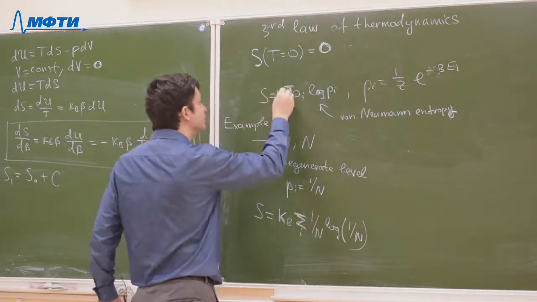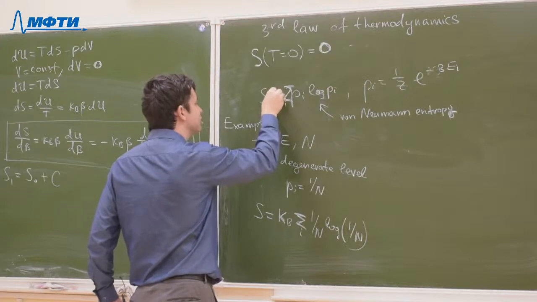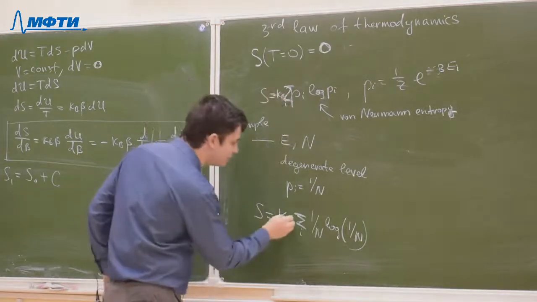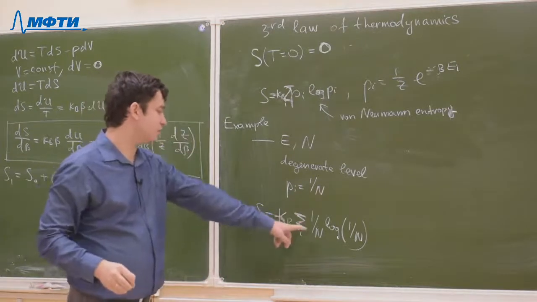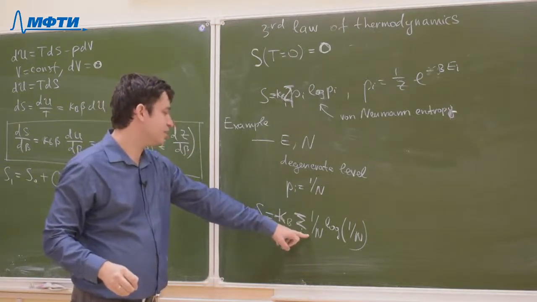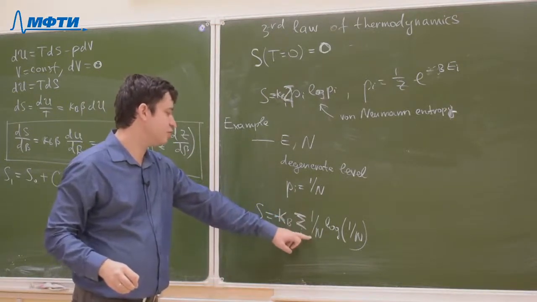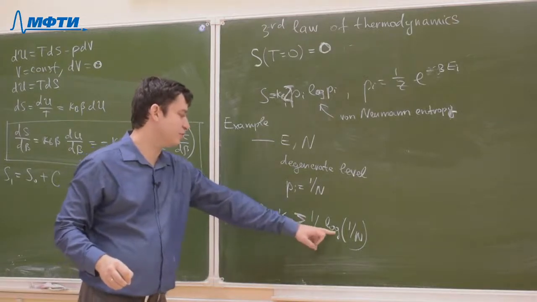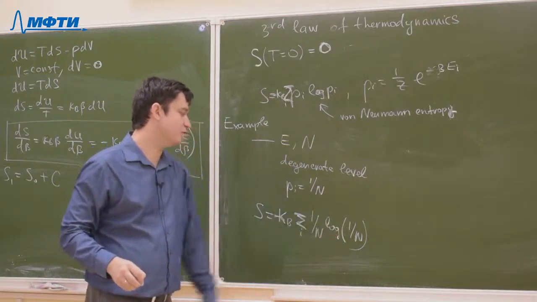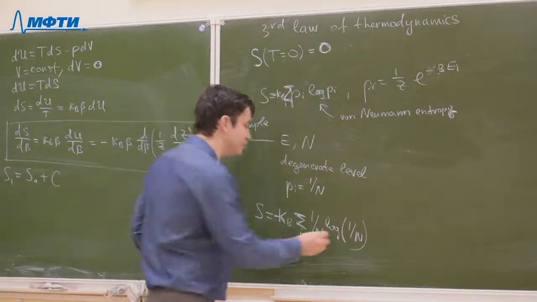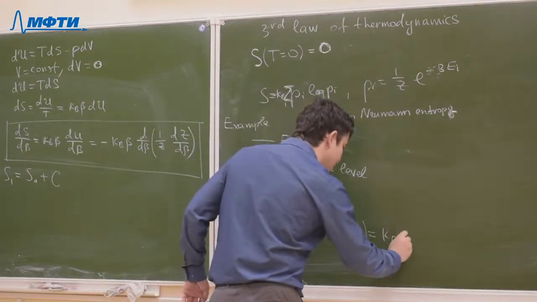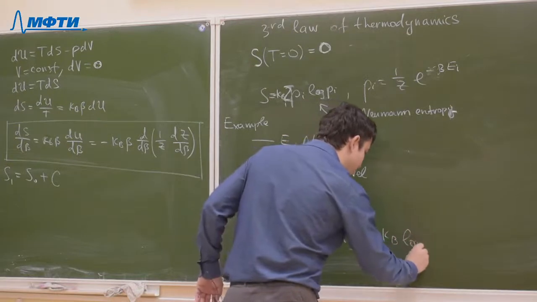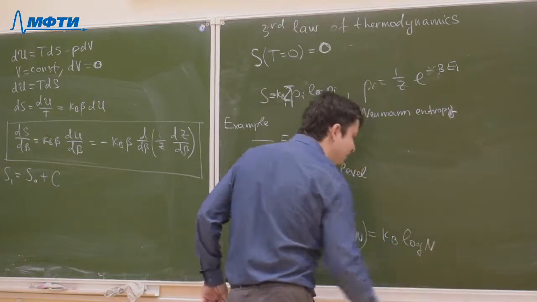It seems that I would also need to add a minus sign here. Then I have n terms. Each of these terms equals 1 over n multiplied by the natural log of 1 over n. And that means that altogether, this expression equals Kb natural log of n.